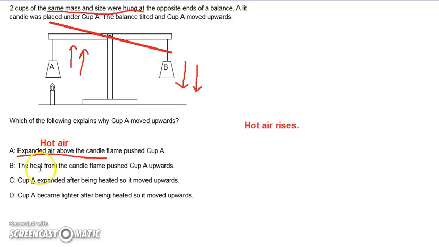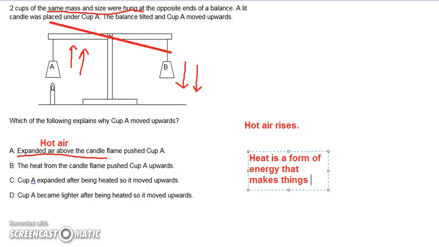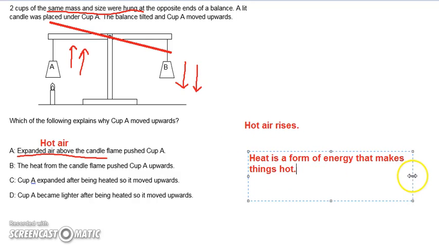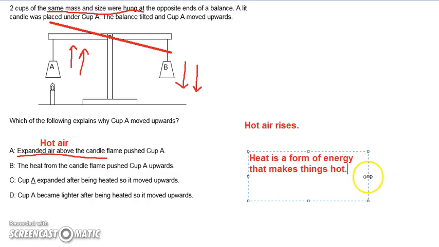Let's look at B. The heat from the candle pushes cup A upwards. What's heat? We know that heat is a form of energy that makes things hot. But heat is not a form of energy that can make things move. We call that kinetic energy.